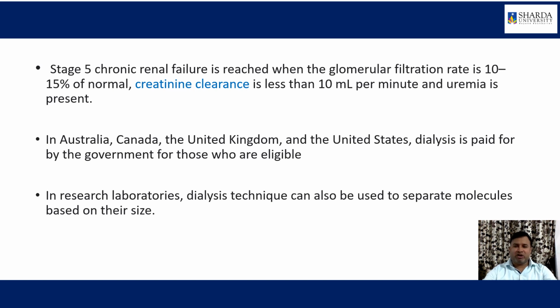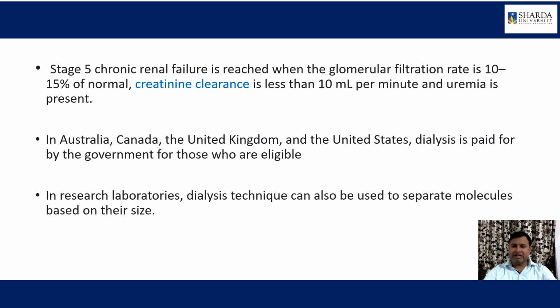Dialysis is required either in an acute condition or a chronic condition. In chronic kidney disease, when stage 5 chronic kidney failure is reached, hemodialysis is required. When the glomerular filtration rate is less than 10 to 15% of normal, creatinine clearance is less than 10 milliliter per minute and uremia occurs, there is a need for dialysis.